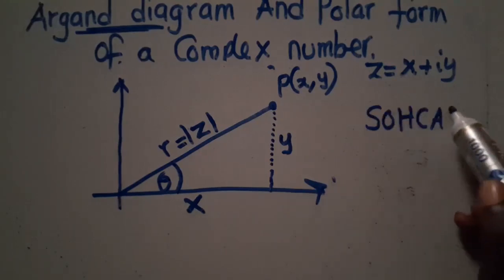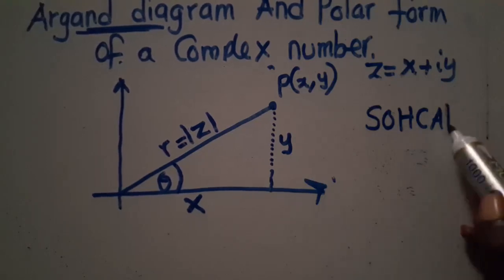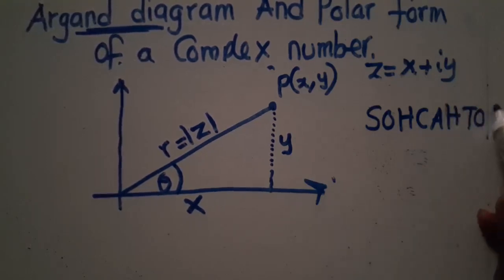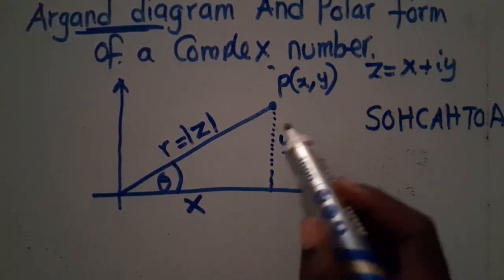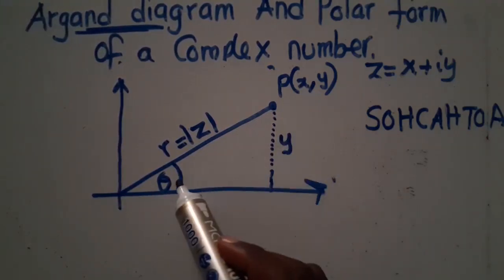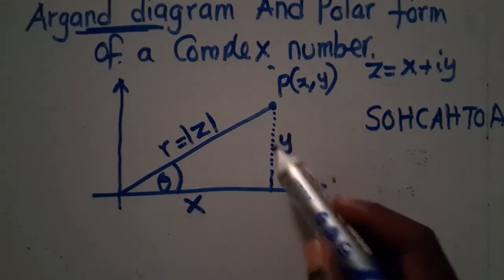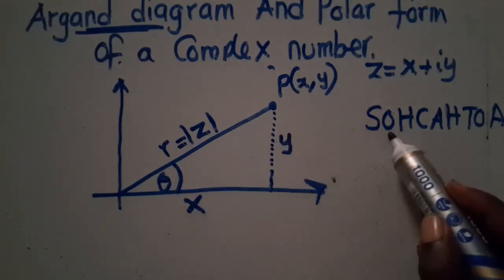This one will really help us to understand this. It is like this. So we know that, let's say, what do we call this? This is opposite to this angle. Y is opposite to the angle. Where do we have the opposite? We've got something like this.